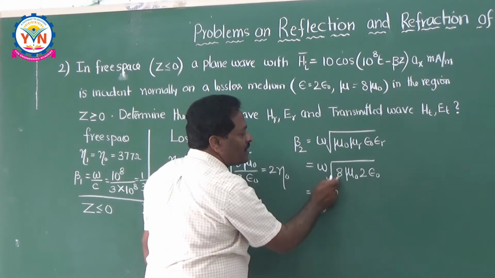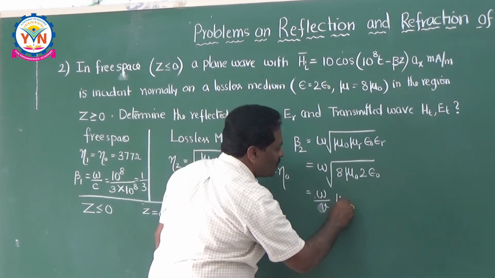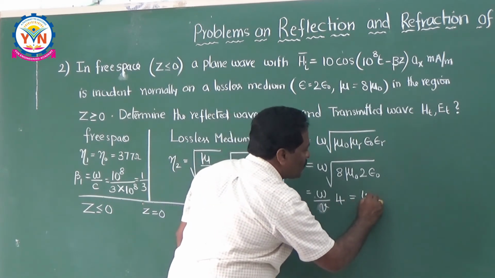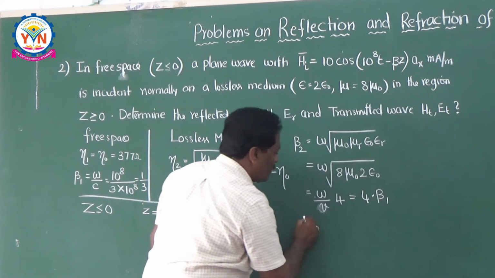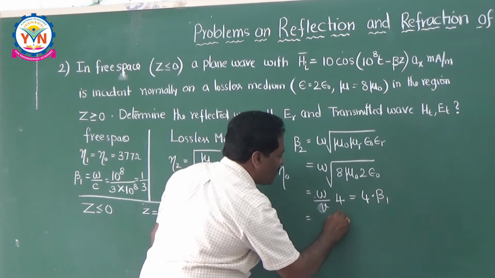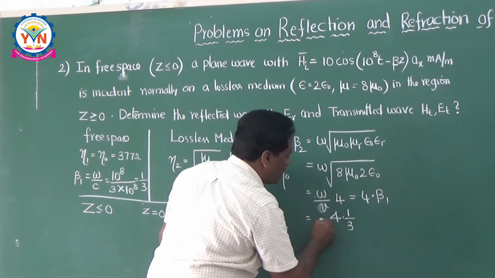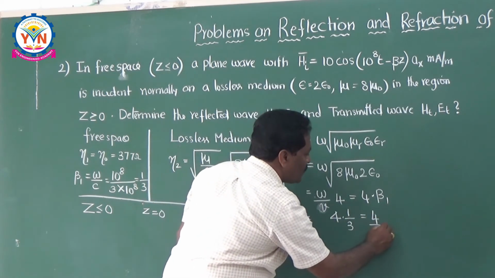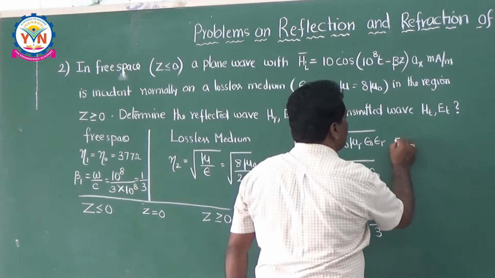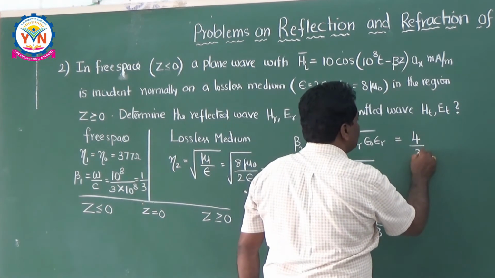Root 16 is 4, so this is equal to 4 into beta 1, which is 4 into 1 by 3. Therefore, finally, beta 2 is equal to 4 by 3.